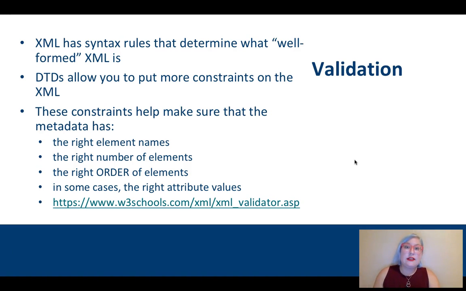Some of those constraints include having specific kinds of elements and attributes, as I mentioned, but essentially it's used as a standard to ensure that your XML is following those rules so that you have the right kinds of elements, you have the right order of elements, and in some cases you have specific lists of values that you can use. So that's important for validating, because we take our XML and ensure that it matches those established rules within our DTD.